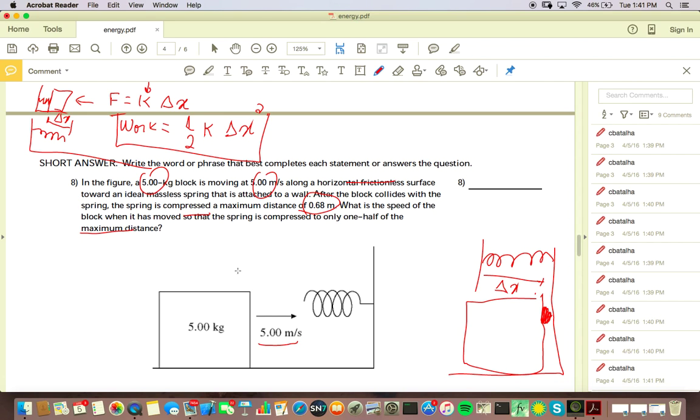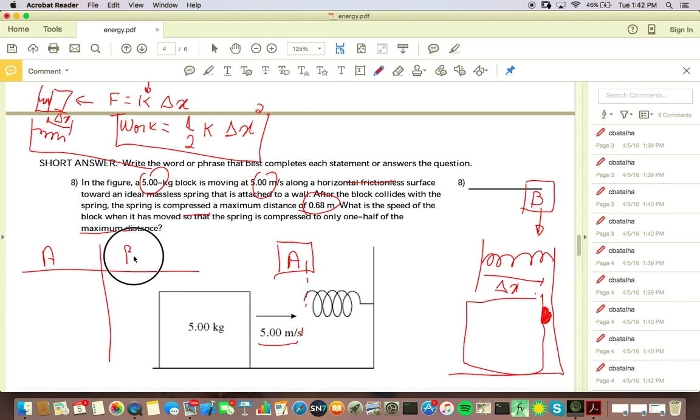When the block was about to hit the spring, the block had kinetic energy, and we call this situation configuration A. When the spring is totally compressed, we call that configuration B. Then you list out all the energies involved from point A to point B, so you build a table with all these possible energies.